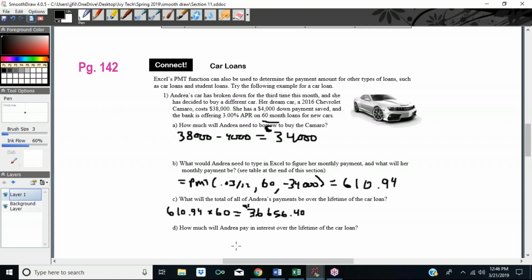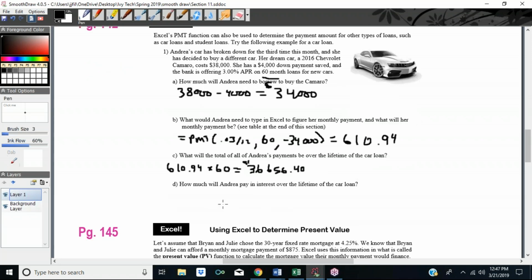How much will she pay in interest? Well, let's see, she borrowed 34, so it's going to be that 36,656 minus 34, the amount she borrowed.